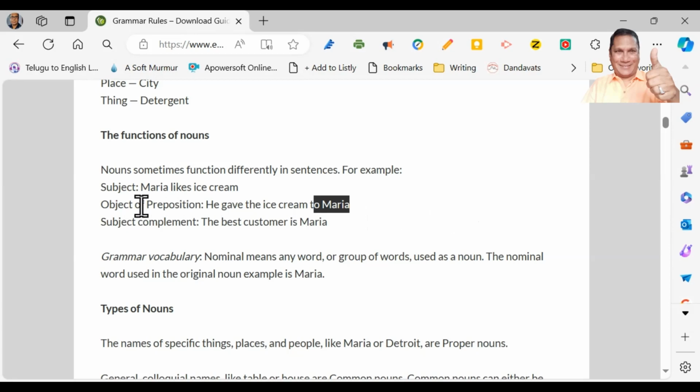So here Maria acted as an object of a preposition. Now subject complement: the best customer is Maria. Here it is a subject complement. So nouns have different kinds of functions, and we have to identify the same and write our sentences accordingly.